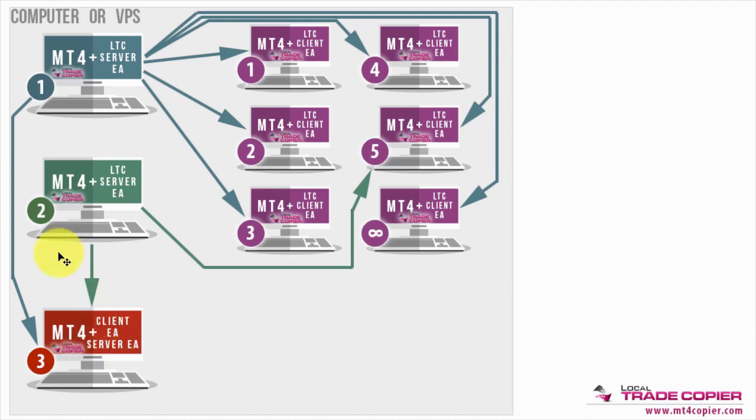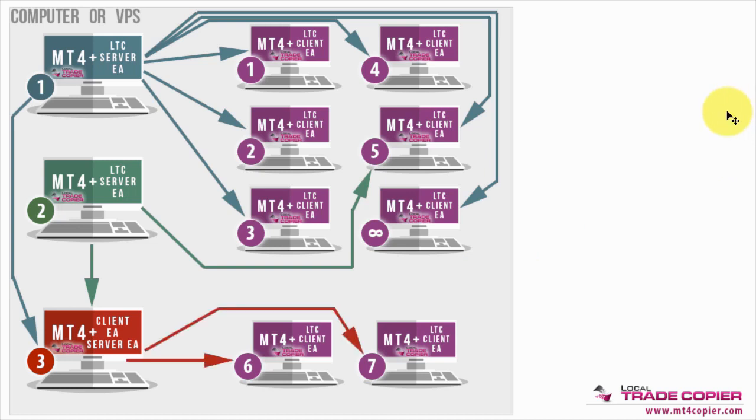So it receives trades from the first and the second Metatrader accounts, and now this Metatrader will have trades from both accounts, and then using the server EA, I just set this up to create the third group of trades, of copiers, and then I copy these to other 2 Metatrader client accounts. I numbered them 6 and 7 in this demonstration.